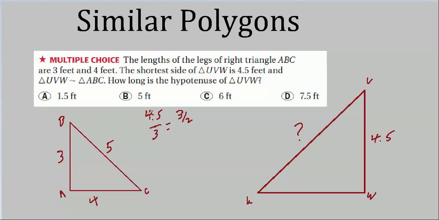So if we apply that here, this is 5 times 3 halves, or 7.5. And luckily, that's one of our choices.